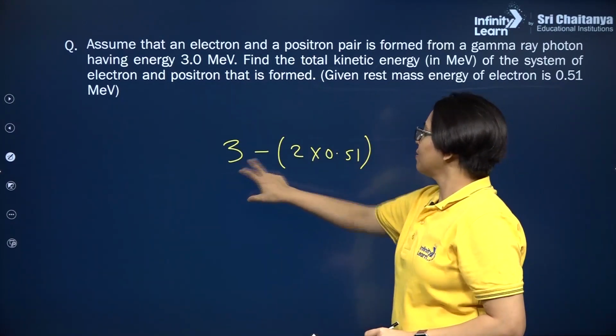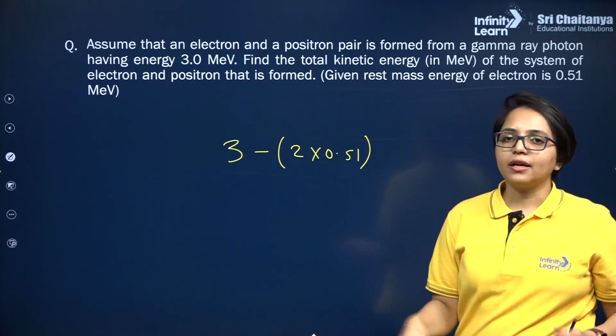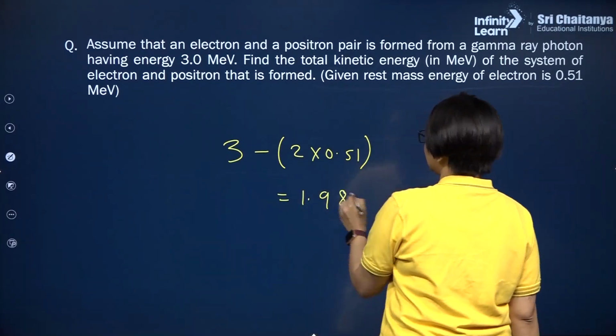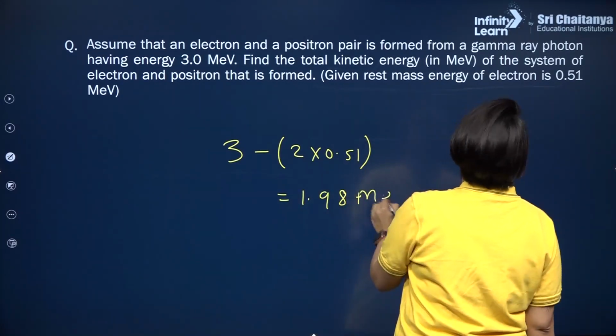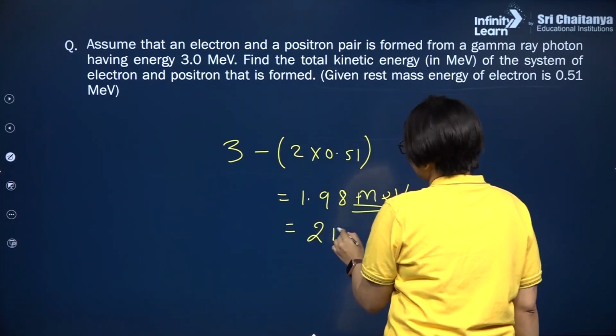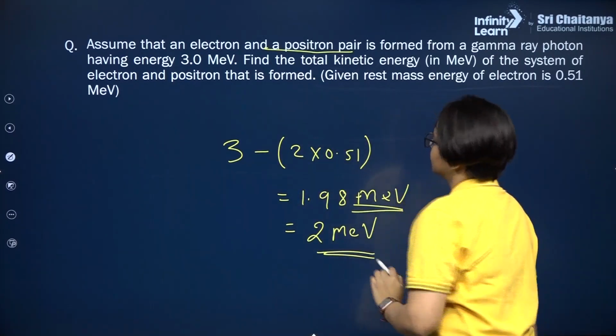So the remaining, 3 minus 2 times 0.51, will be given in the form of kinetic energy to the system, which is 1.98 mega electron volt, right. So this is approximately 2 mega electron volt. This is the kinetic energy of the system.